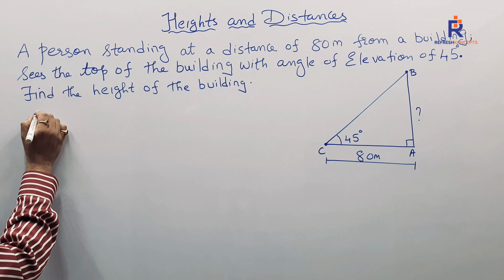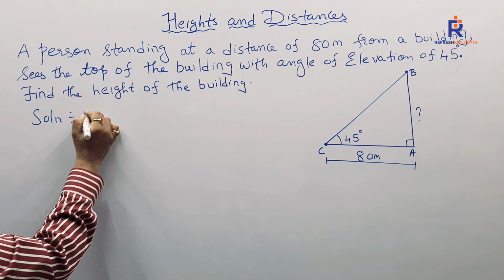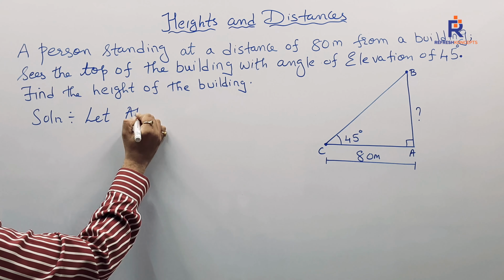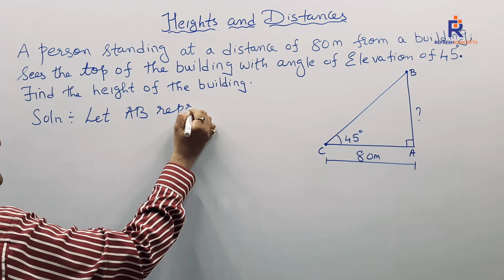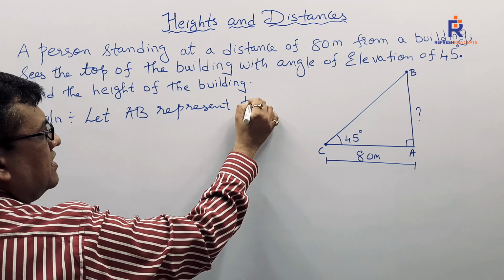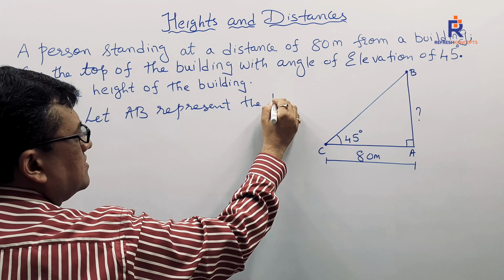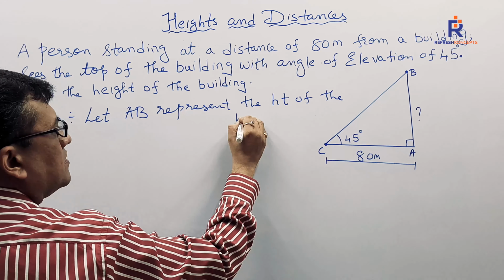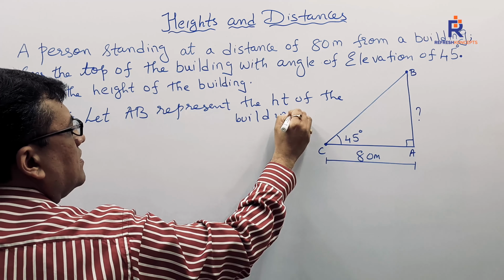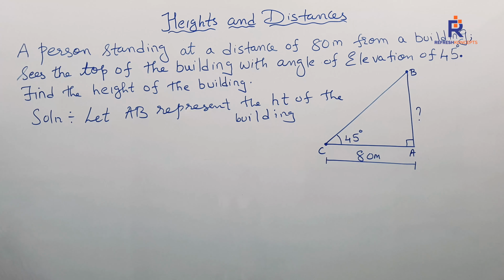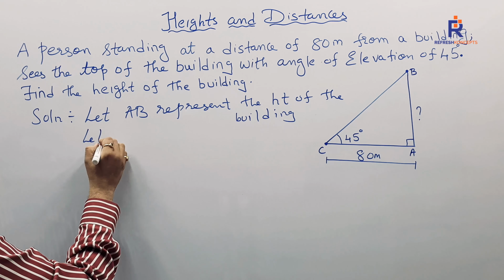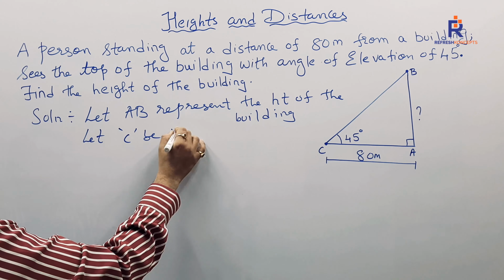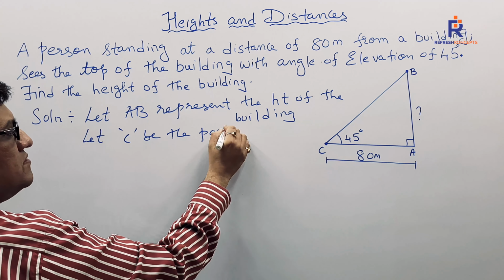So we start our solution as: let AB represent the height of the building. Let C be the position of the person.